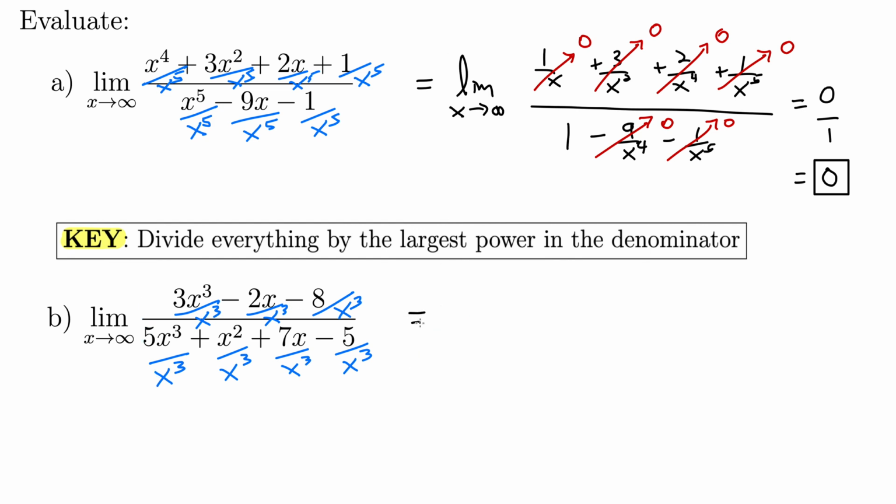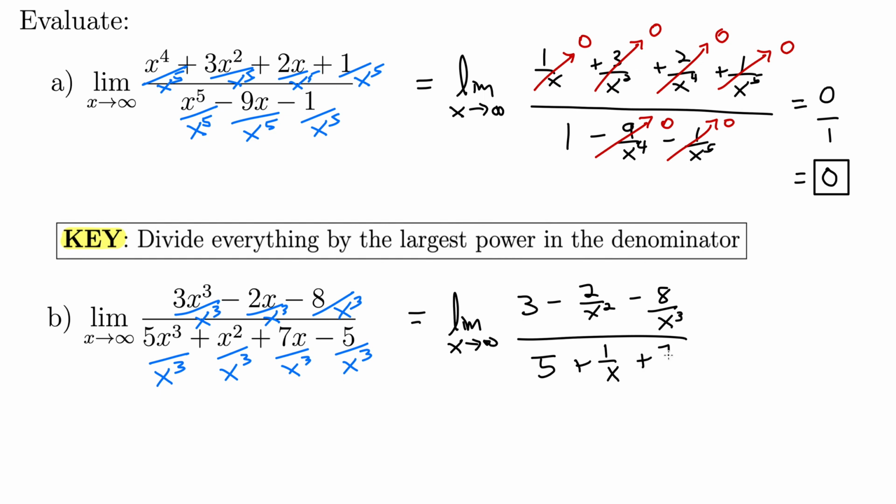Okay, well, this leaves us with the limit as x goes to infinity still. Okay, well, what do we have up top? We have 3 minus 2 over x squared minus 8 over x cubed all over. Down below we have 5 plus 1 over x plus 7 over x squared minus 5 over x cubed.